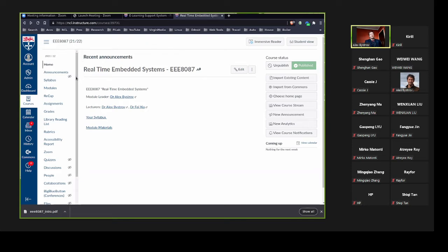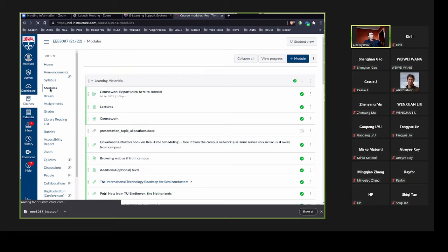Now, from this page, we can travel into the specific pages where the actual PDF files and lecture recordings sit. So, module materials. You can click this or just Modules here. It's the same link. Here we will see our lectures.